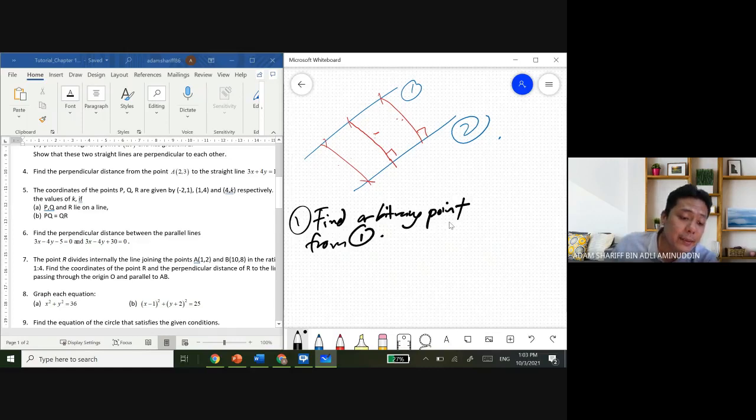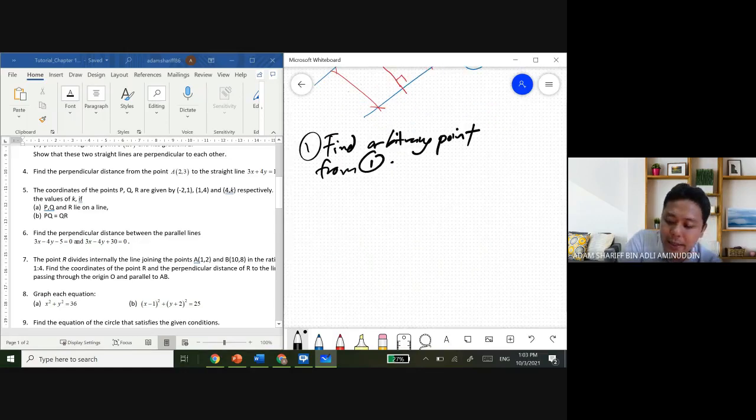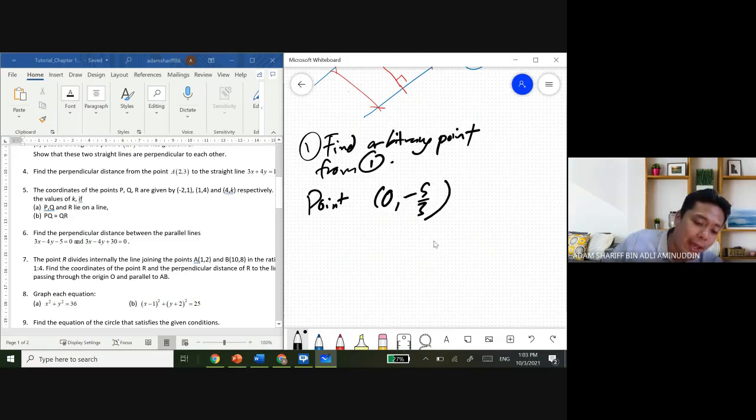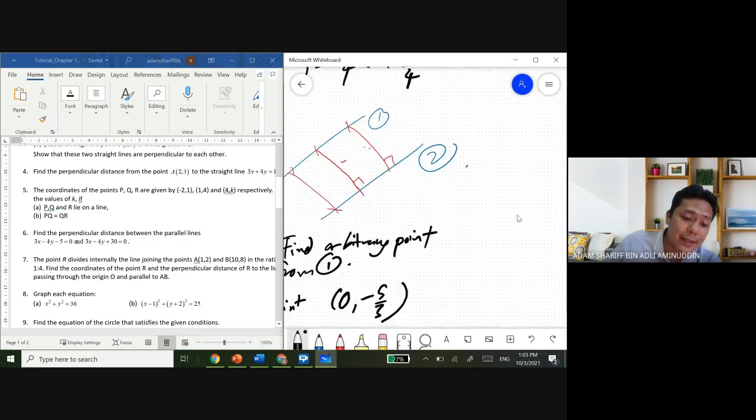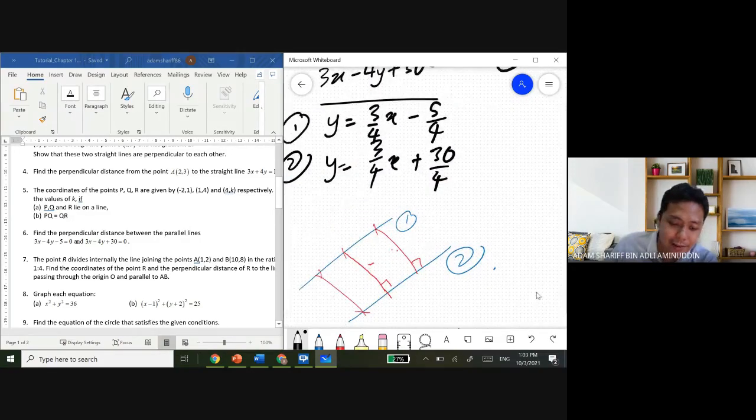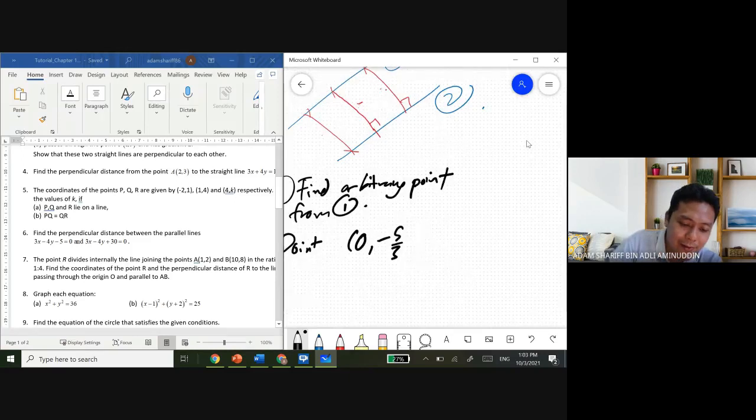So for example, from equation number 1, kita ambil lah nilai titik point 0, -5/3. Where I get it from the y-intercept here. 3 pula dah. Sorry. 4.